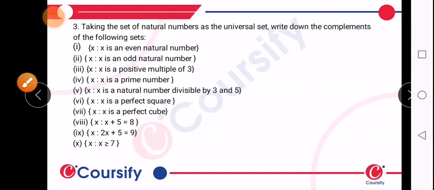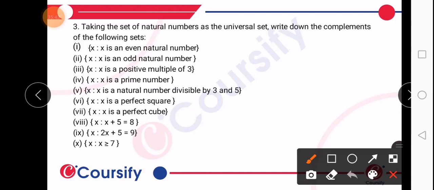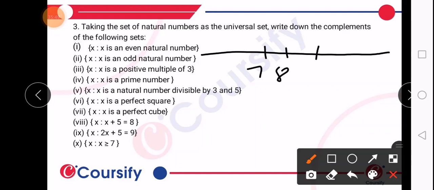In the next question, we have x greater than or equal to 7, which means x can take, if we draw an axis line, 7, 8, 9, 10 and so on. Before that we have 6, 5 and 4. Now over here x can take any values from 7 and ahead, any values from 7 and more.